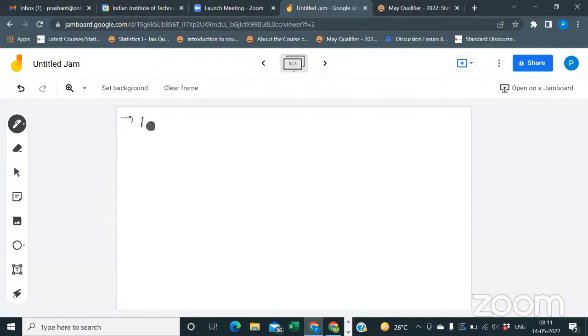So I'm starting from nominal. As I discussed, the nominal scale of measurement is used for categorical data. The nominal scale of measurement is something where you can just label the data. You cannot order it, you cannot sort it.